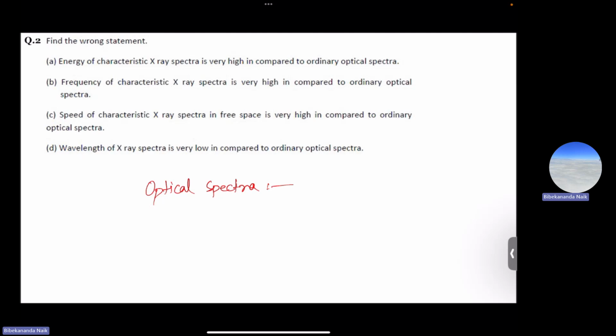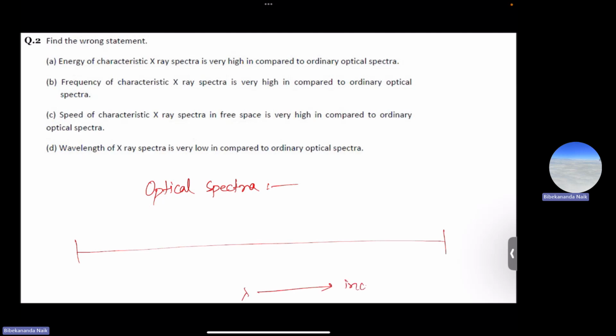We know optical spectra is the visible spectra. In the electromagnetic radiation, this is the whole band and this is lambda.